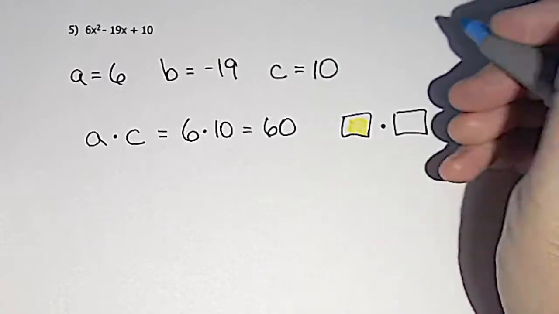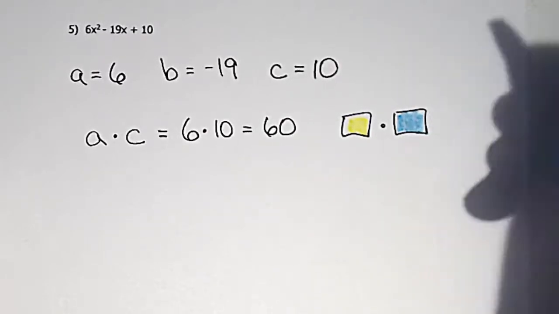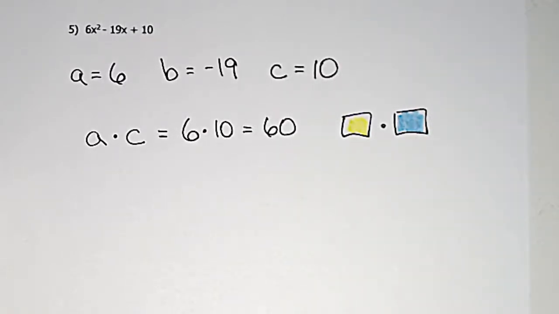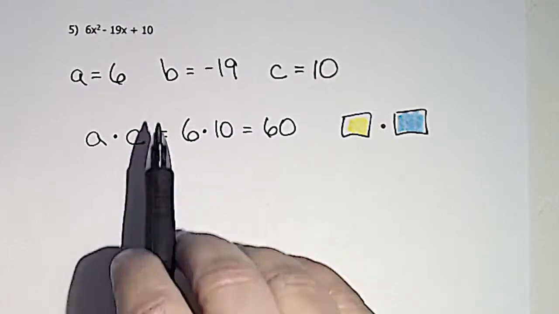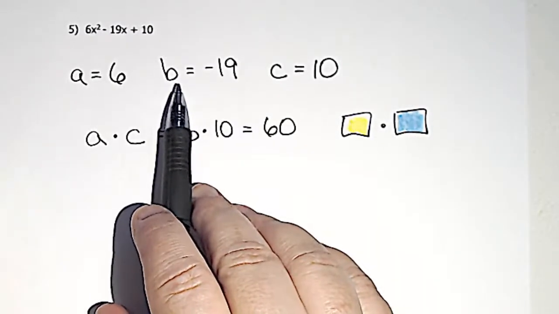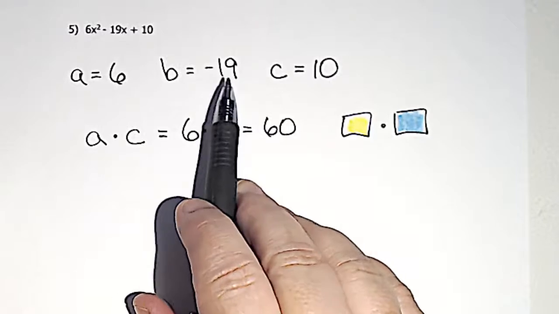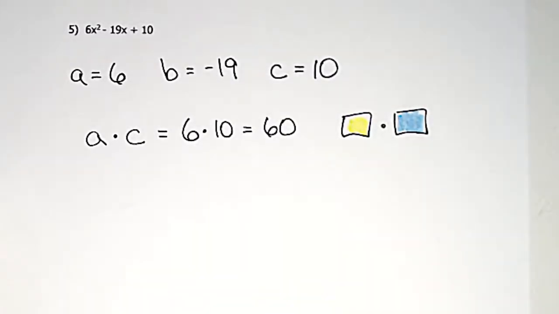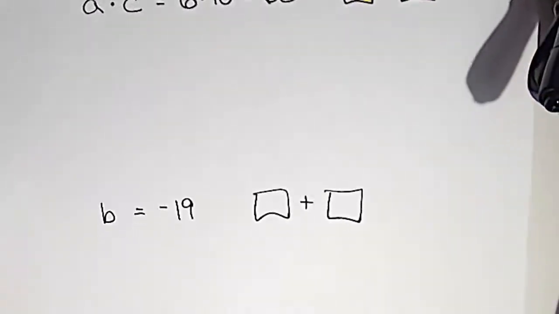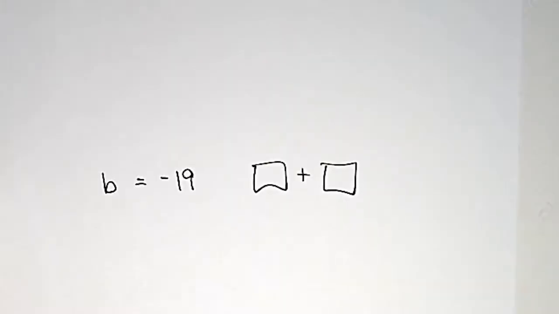And we'll go through a bunch of possibilities. We also want to come up with two numbers which when added together give us -19. So down here, b is -19, and that has to be the sum of the two numbers.